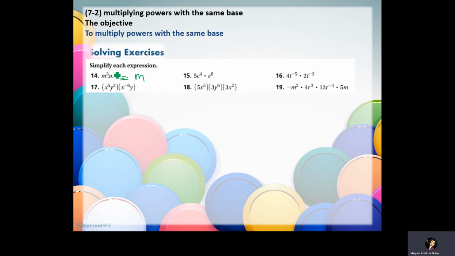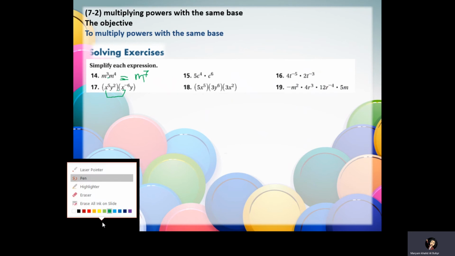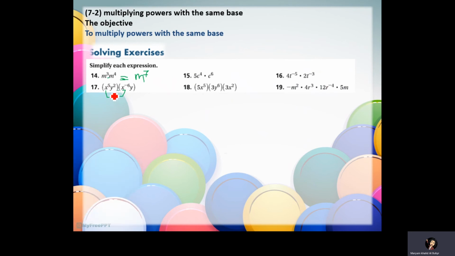So 3 and 4, it's 7. 3 plus 4, 7. Again, you are adding the powers. If you have the same base between the multiplication, please don't forget that. If you have parentheses like this, that means multiplication. You don't need to worry about them. X with the X, same base. Y with the Y, same base.